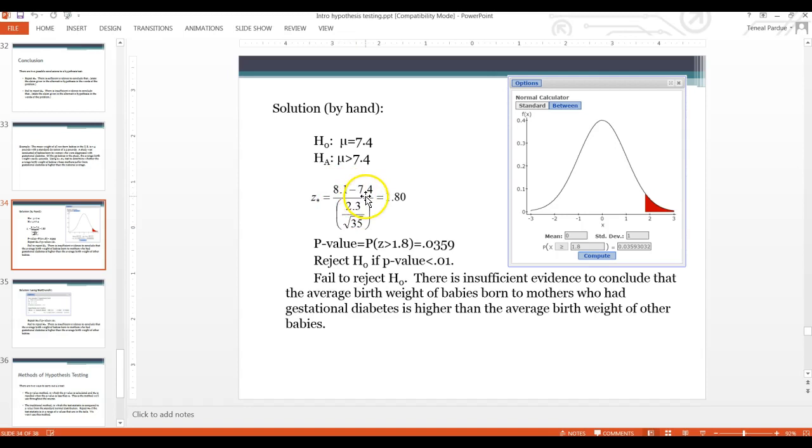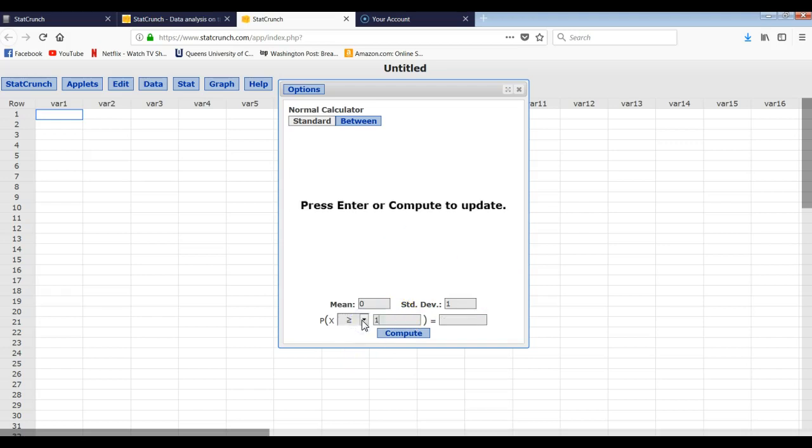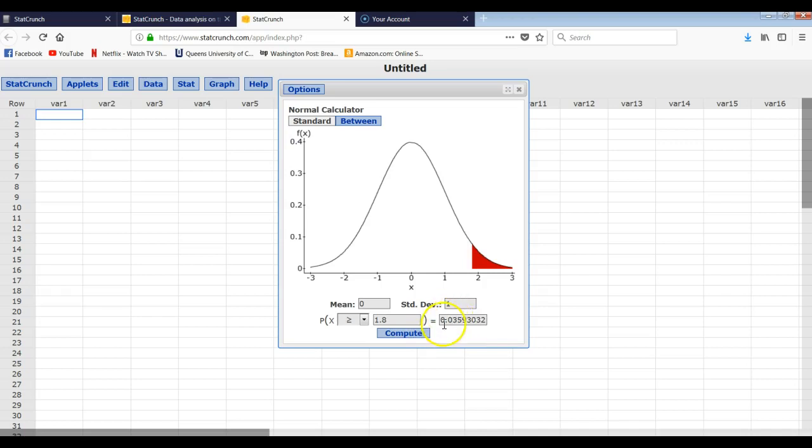So if we do 8.1 minus 7.4, divide that by this whole quantity here, you should get 1.80. If you go over to StatCrunch, we pick greater than and computed 1.80. So that means our p-value is going to be 0.0359.